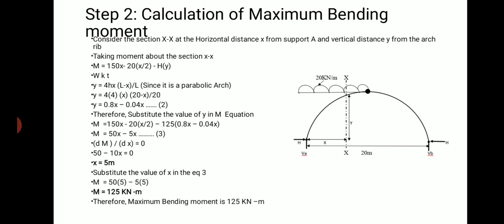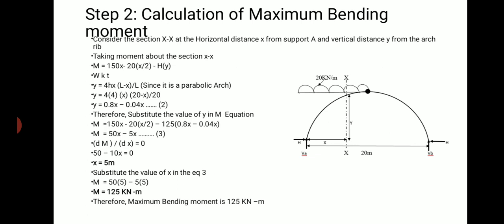In order to determine the maximum bending moment, the shear force should be equal to 0. I have the expression of Mxx. From that expression, if I want to derive the shear force, we need to take the differentiation with reference to x and equate that to 0, since for the maximum bending moment the shear force should be equal to 0.